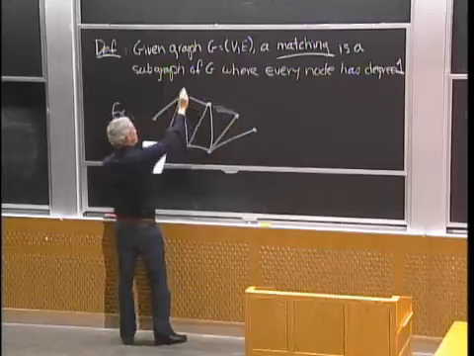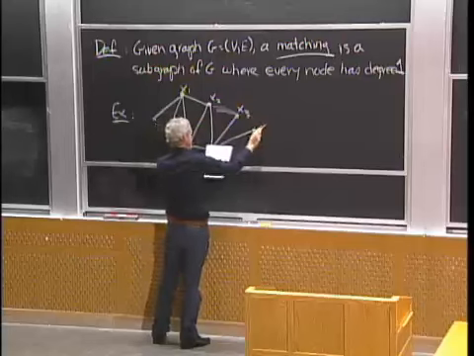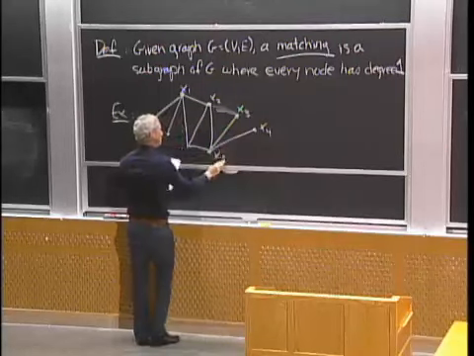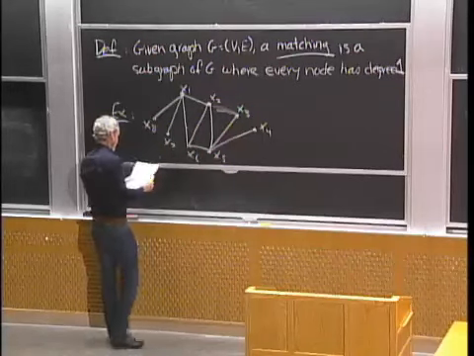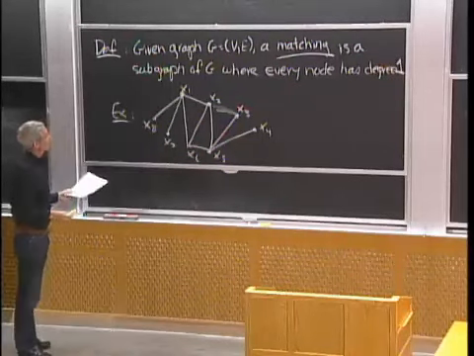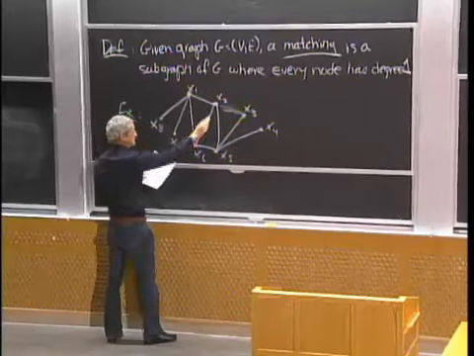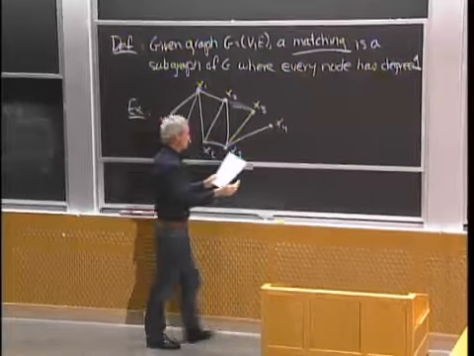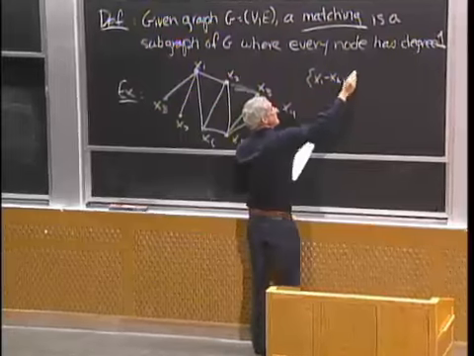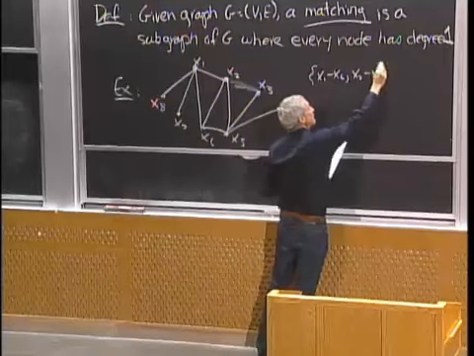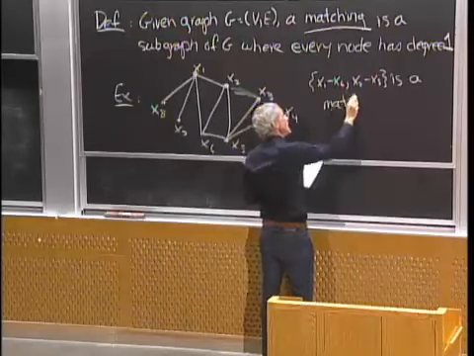All right, let's label these nodes x1, x2, x3, x4, x5, x6, x7, and x8. Now, x1, x6 and x2, x5 is a matching with two edges, so we say it has size 2.